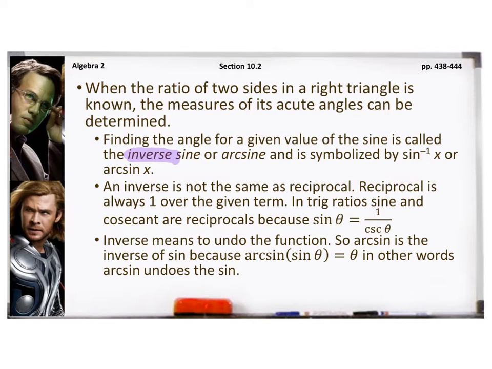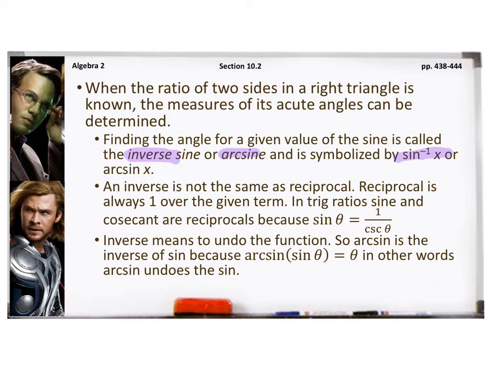The reciprocal of sine is cosecant. The inverse of sine is arcsine, or sine to the -1. That does not mean 1 over sine x. That does not mean that at all. I know it's very confusing, so I will try to use arcsine and inverse sine.